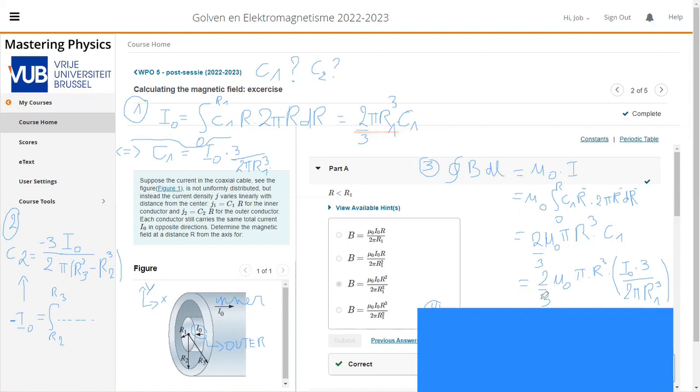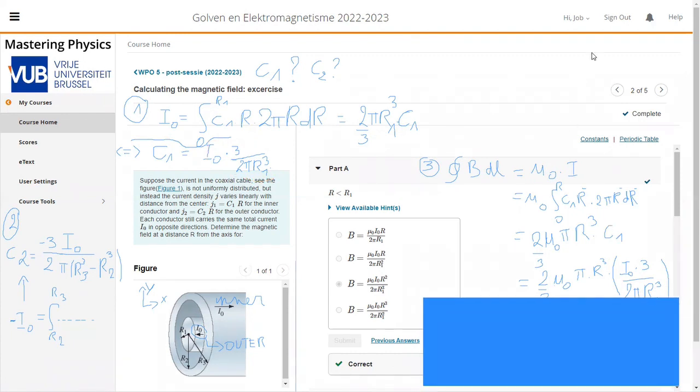So you can also see that this one is equal to this one, this one and this one. And then I did just 2 over 3 mu times P times R to the delta equal to 3 times E0 times 3. Basically, this is coming from this. When you have this one, you can do this.